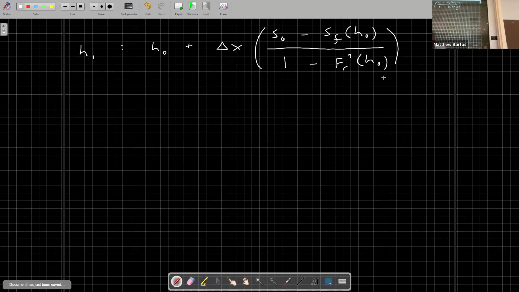So what's one potential problem you might see with this approach? What is our boundary condition at the upstream end of the channel? Critical depth. Why is that a problem here?